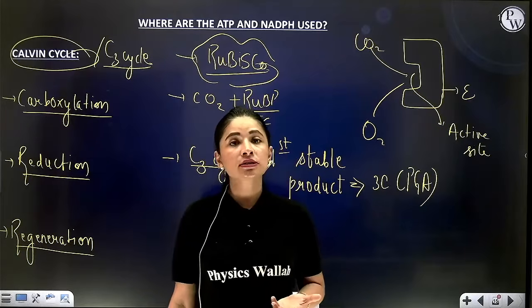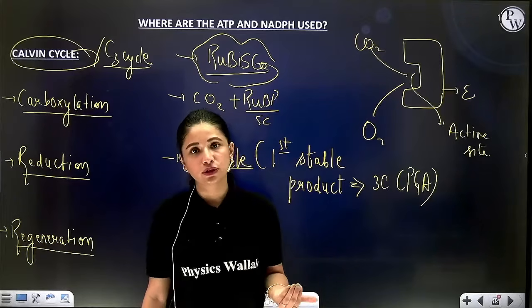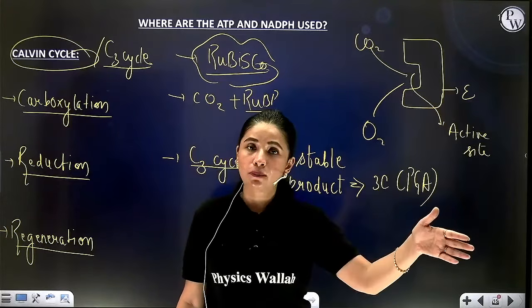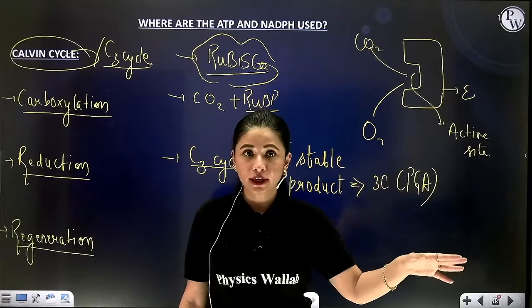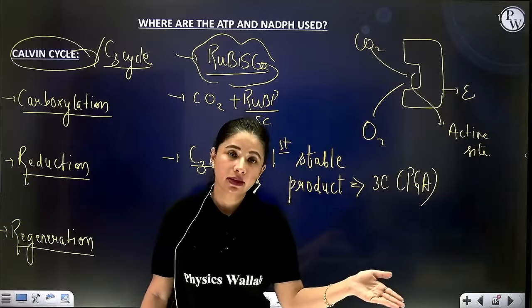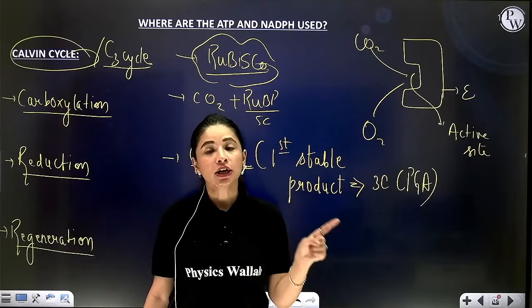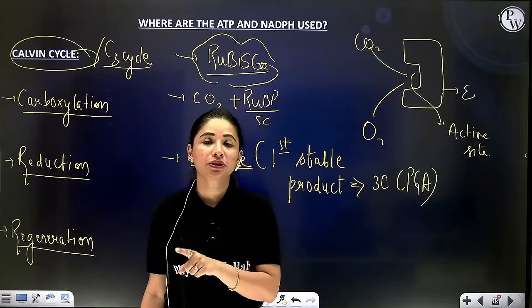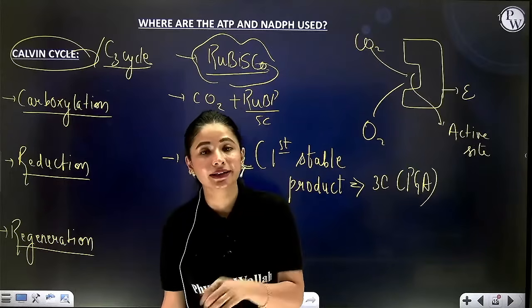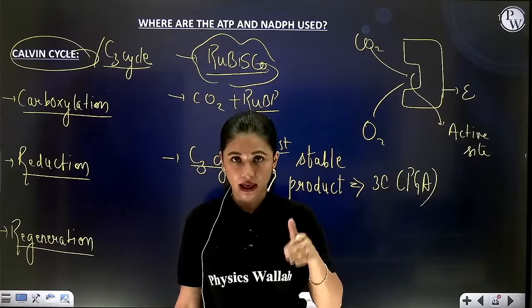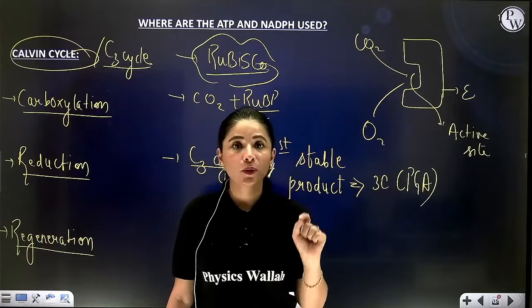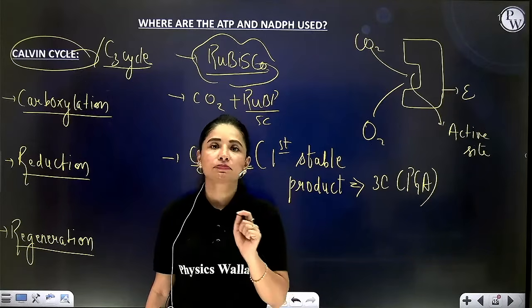So if the concentration of O2 wins over CO2, then oxygen will bind with Rubisco and perform oxygenation to produce some different stable product that does not take part in the further C3 cycle, resulting in the fall of biomass production, and that is known as photorespiration.